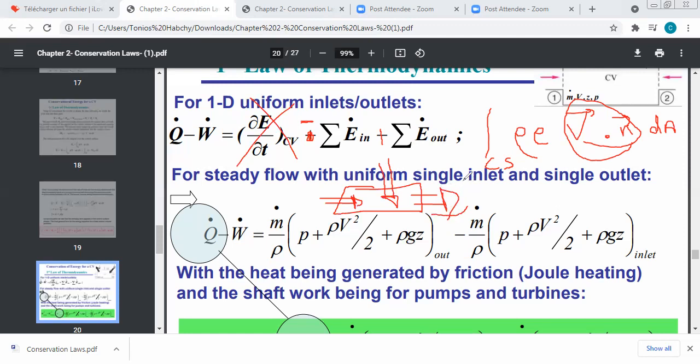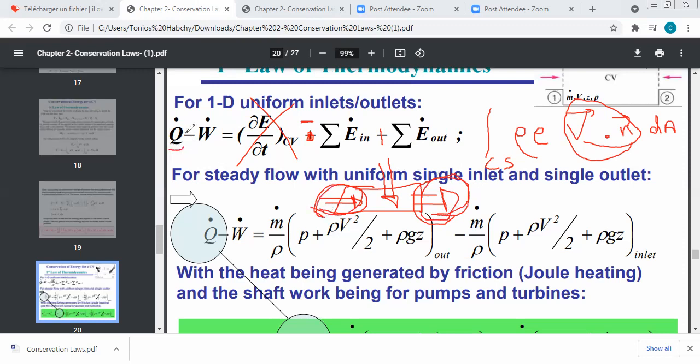So the energy of the outlet flow will be larger than the energy of the inlet flow because it will absorb this heat. And it will absorb it because if it does not, we don't have a steady state application. So for steady state applications, when we provide heat, the energy of the outlet flow will be larger than the energy of the inlet flow.